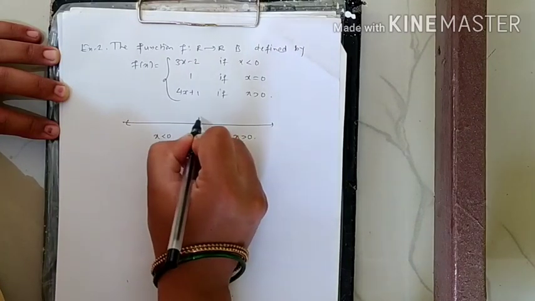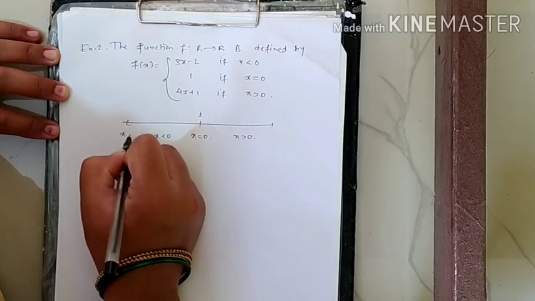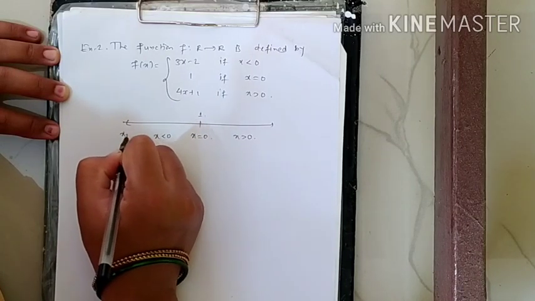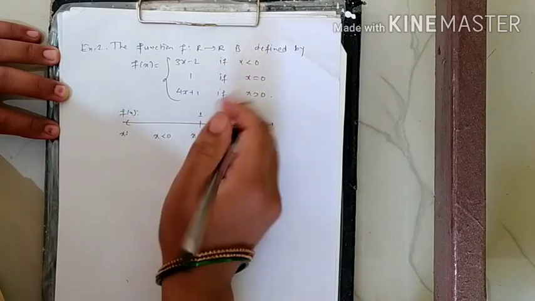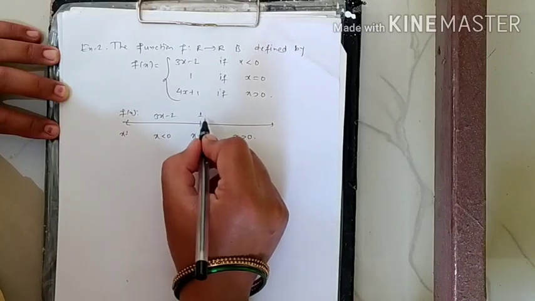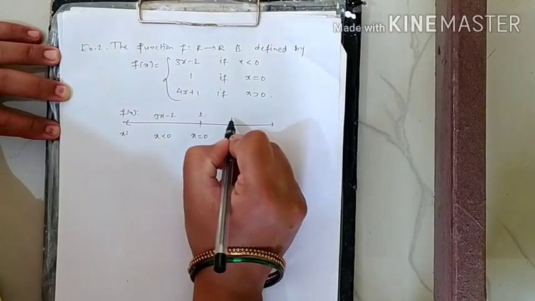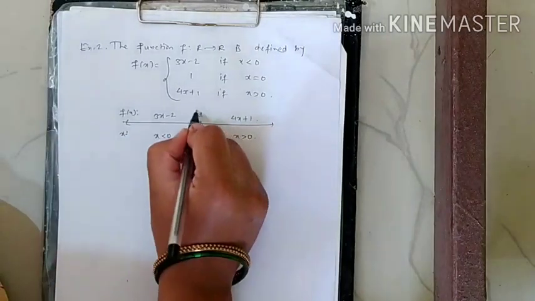So for x equal to 0, 1 is the value of f of x. Here x is there and here f of x is there. For x less than 0, 3x minus 2. For x equal to 0, 1. And for x greater than 0, there is the expression 4x plus 1. Get it? So write it properly.